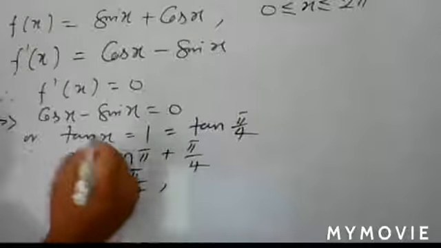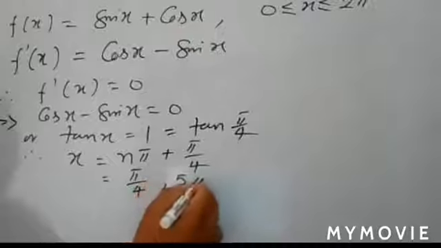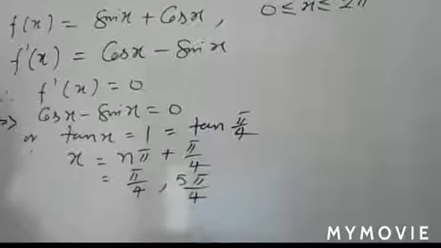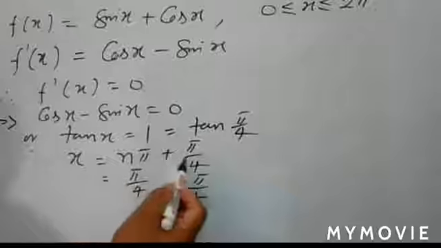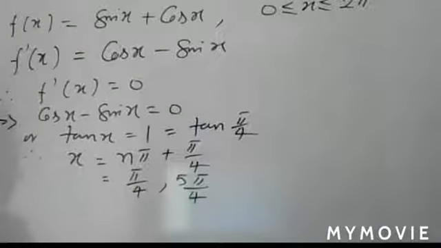If you put n equal to 1, you have 5 pi by 4, which is also less than 2 pi, so you can take it. If n is equal to 2, that crosses 2 pi. So only pi by 4 and 5 pi by 4 are the two points lying between 0 and 2 pi.